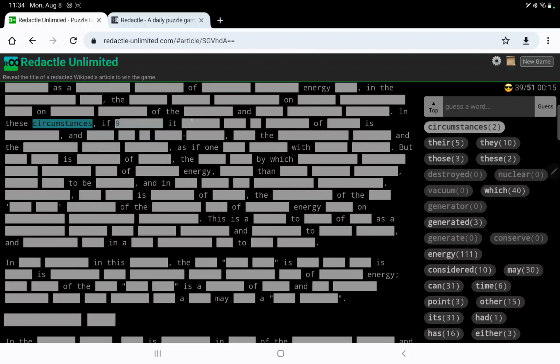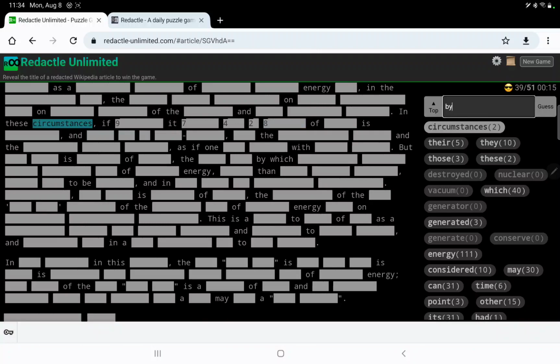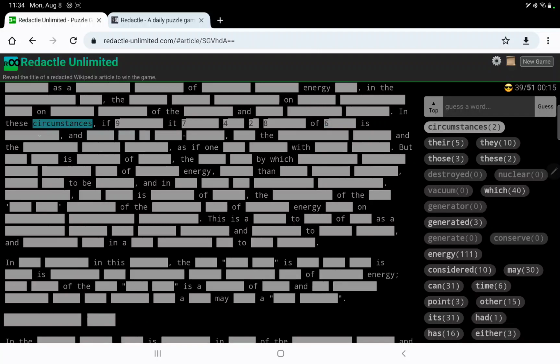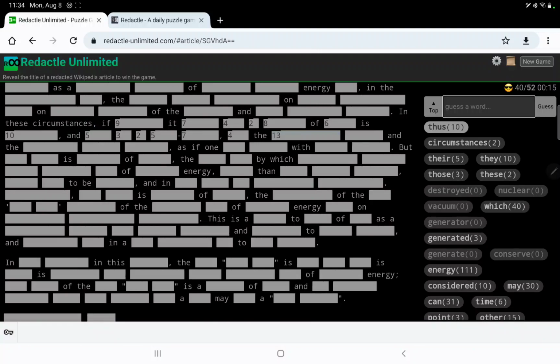Yes. If 9, 8, 7, 4, 2, 8, by, no, that would not be redacted. Where's that 2-letter word? 8 of 6 is 10, and 5, 3, another 2-letter word, and then 5-7. Thus, no, we do have 10 thuses. Not easy for me to say.